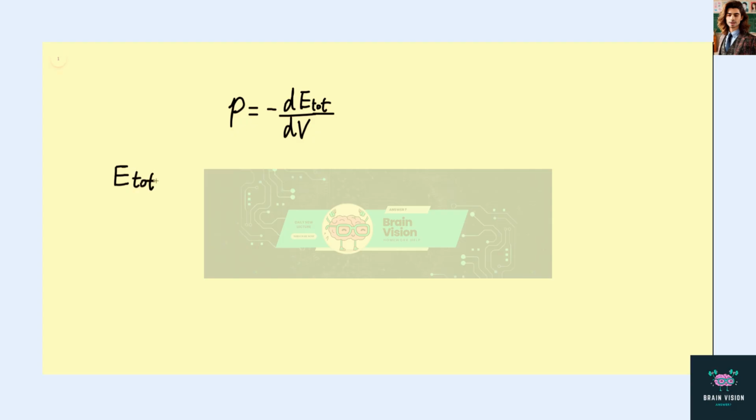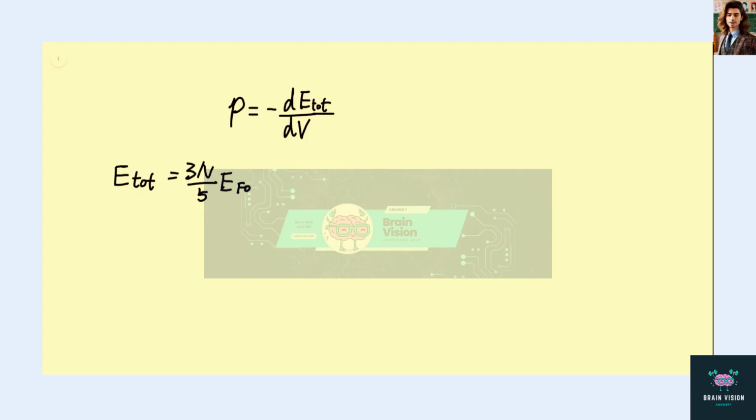So the first thing, let's first find out what E total is. One thing to note is that this is not the same as Fermi's energy. This is equal to 3N over 5 times Fermi's energy, the zero-point energy.